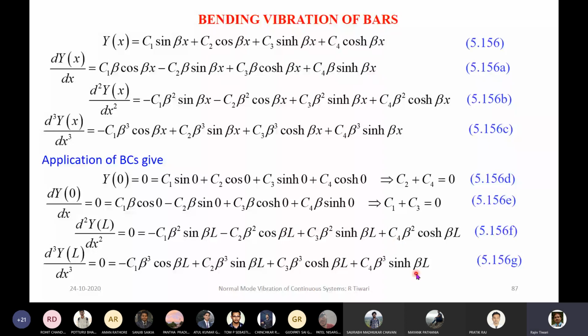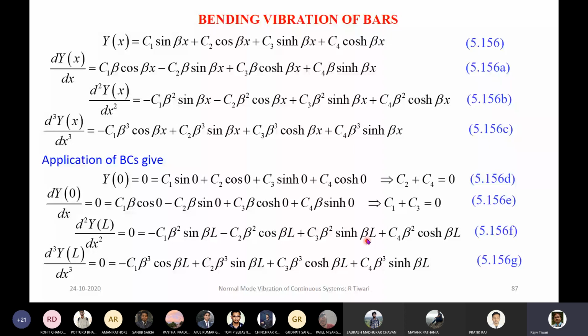So here what we'll do, we'll try to eliminate C4 with C2 and C3 with C1 in these two equations, so that these two equations will contain only C1 and C2. So C3 will be replaced by C1 from this, and C4 will be replaced by C2 from this. So the last two equations we will change.